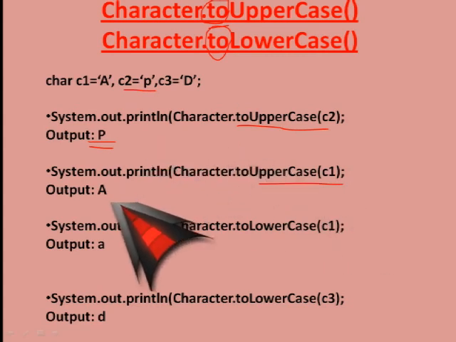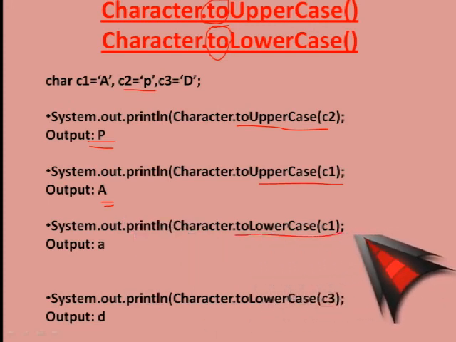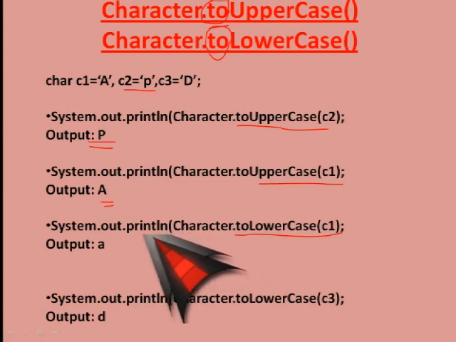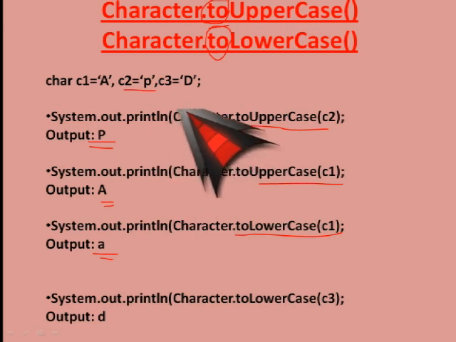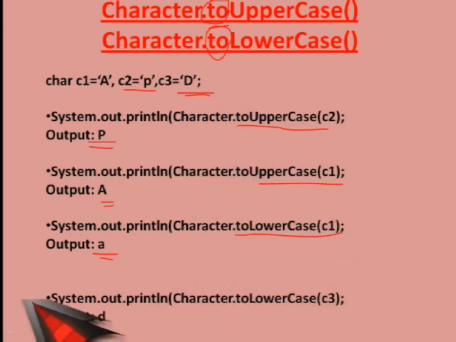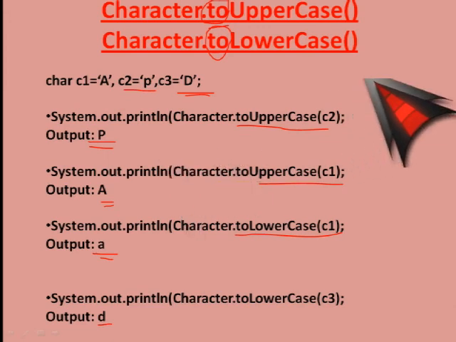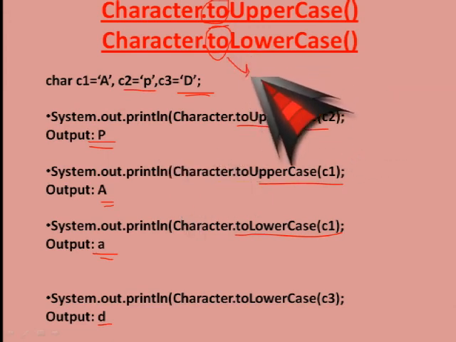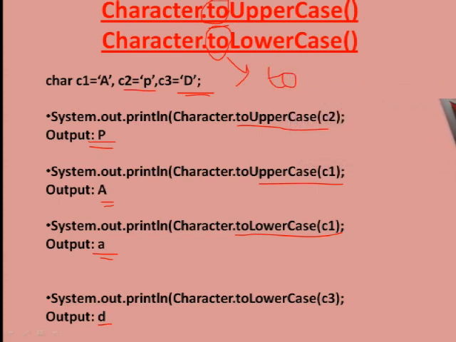If I change C1, which is capital A, into lowercase, the output is small a. If I change C3, capital D, into lowercase, the output is small d. So it gives output not in true or false, because here the word is "to", which means I have to make the changes as per the given function.